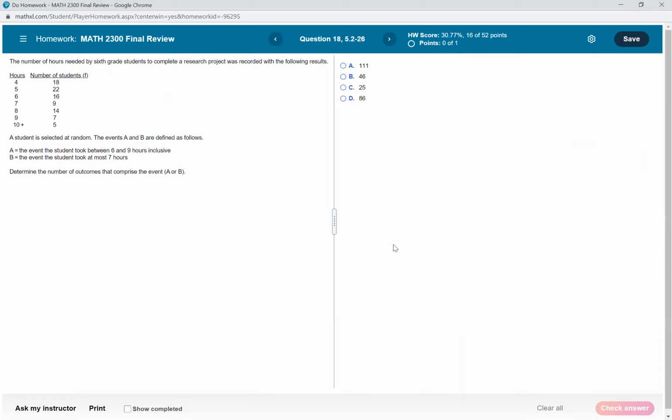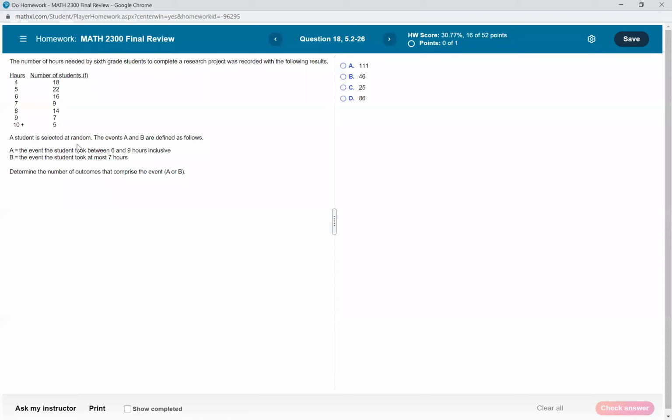Okay, the number of hours needed by 6th grade students to complete a research project was recorded with the following results. This is the number of hours and this is the number of students. So in 4 hours, 18 students completed the research project, and in 5 hours, 22 students completed the research project, and so on.